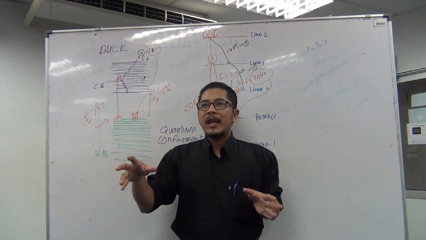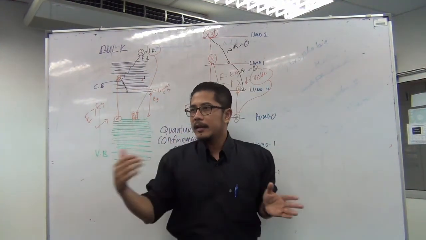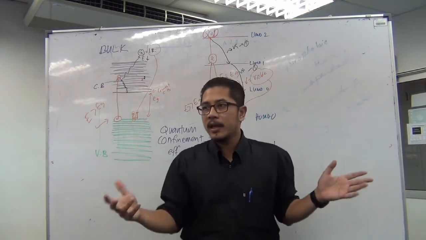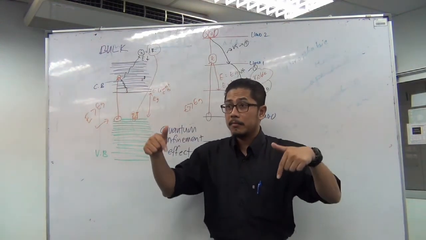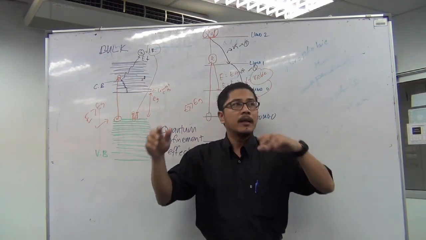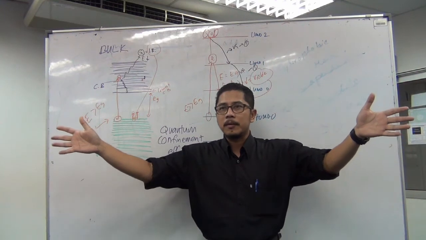Now, can we move freely up and down, front and back, left and right? Can we move freely? Right now, we can move freely. So this is bulk. How about if we make this room smaller?